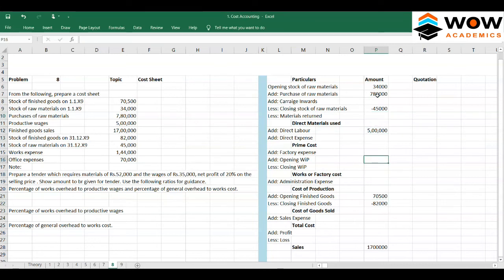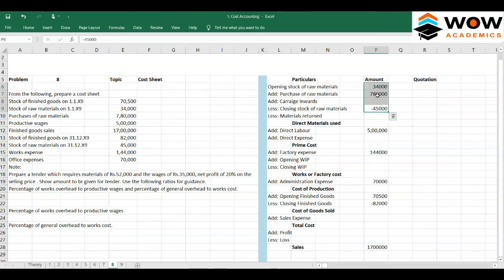So works expense is a factory expense, and office expense is 70,000. Okay, so we got our sheet. We'll finish off the sheet in the same column itself. We don't need to separately do it.